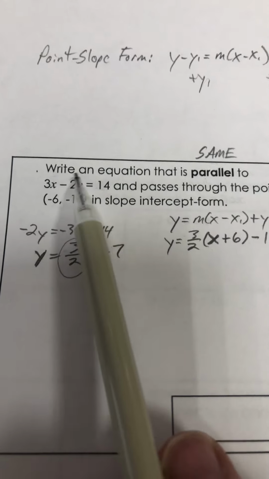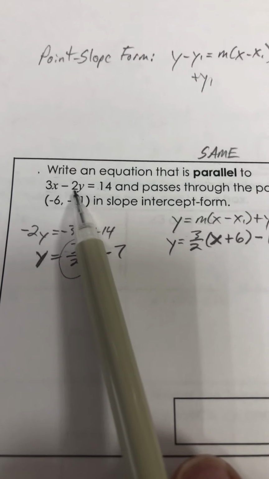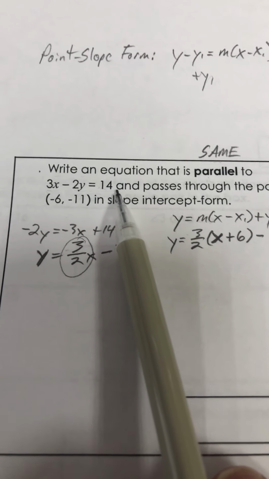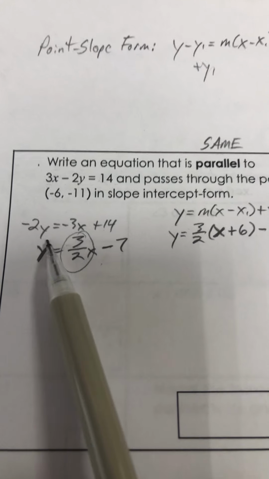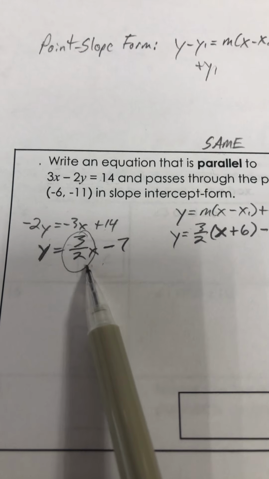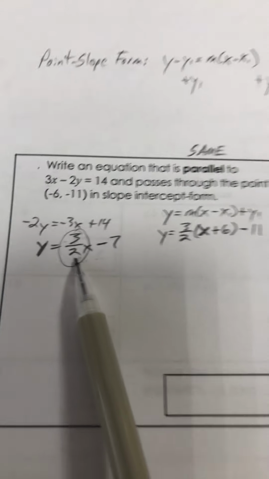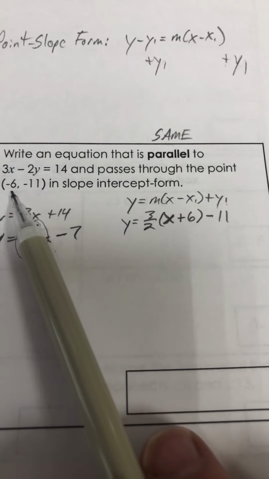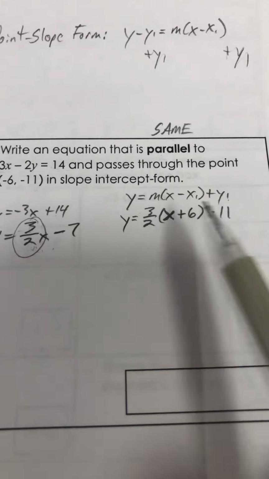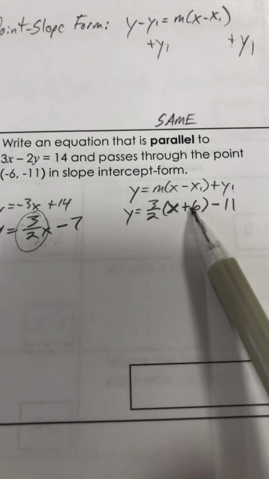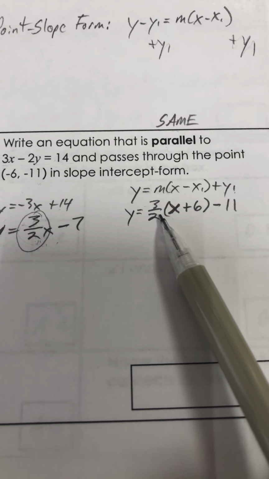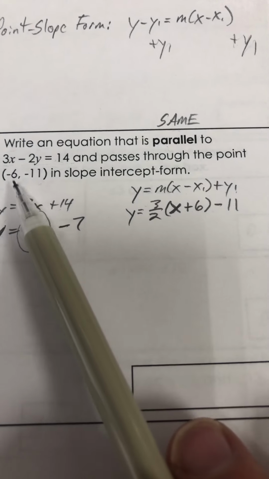Parallel, we want the same slope. So I figured out for this equation, 3x minus 2y equals 14, the slope. I put it in slope-intercept form, get y by itself on one side. So the slope has to be 3 over 2. And here's the point, negative 6, negative 11. So I plug in my slope, 3 over 2, and I put in the points.